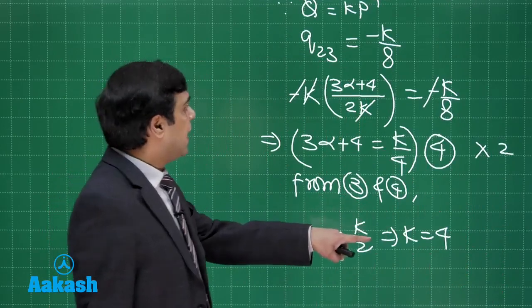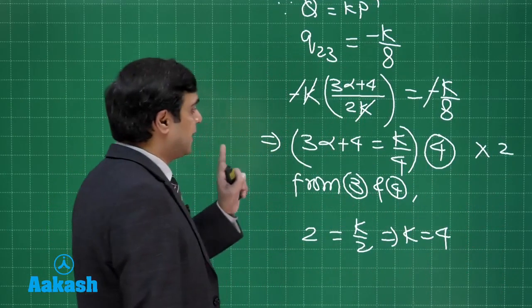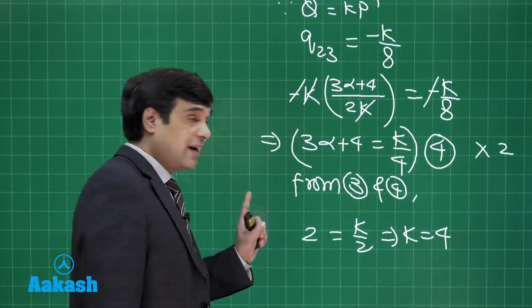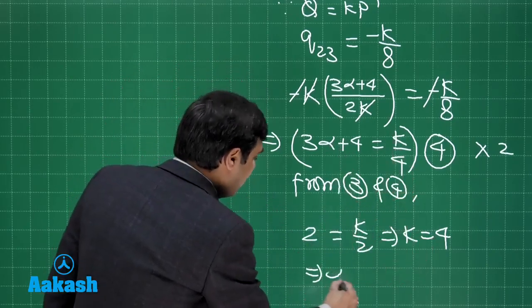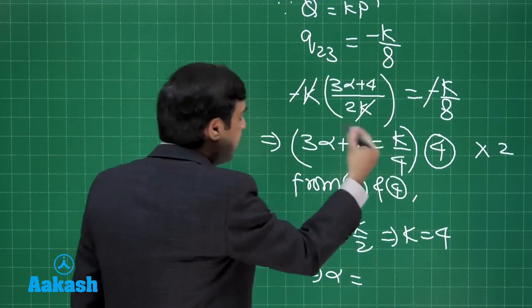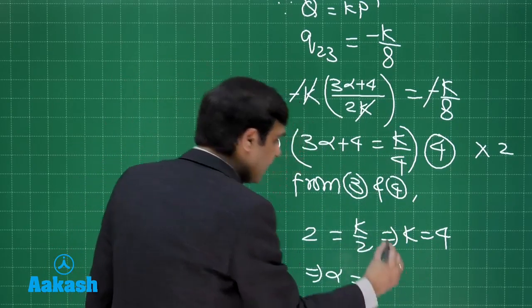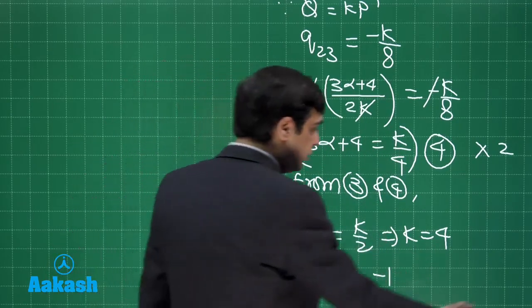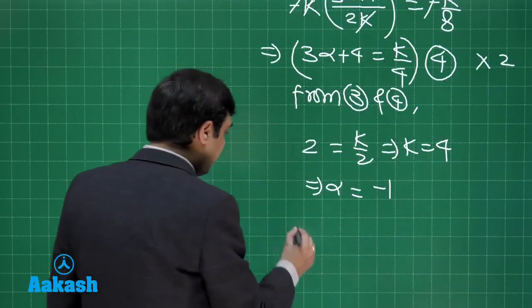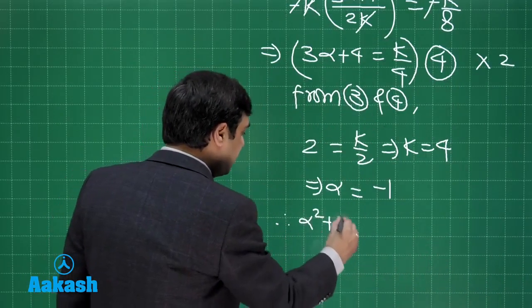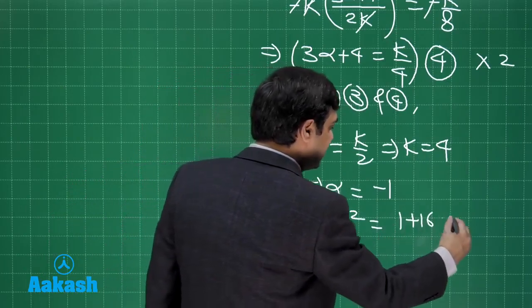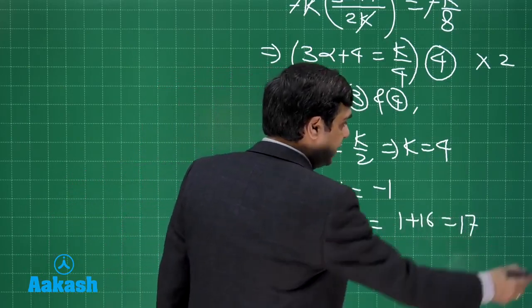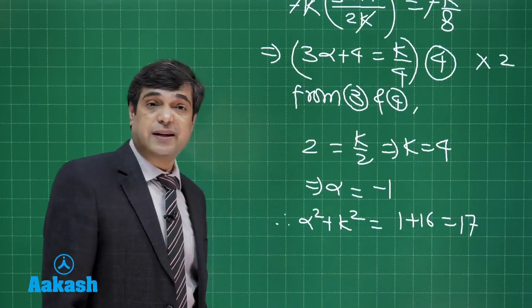Put the value of k in either equation 3 or 4 so that you can get alpha. When you put k as 4 here, you get alpha as (1 minus 4) divided by 3, that is minus 1. So this is the value for alpha. Therefore, alpha square plus k square, as required, is simply 1 plus 16, which is equal to 17. So we obtain here the answer as 17.